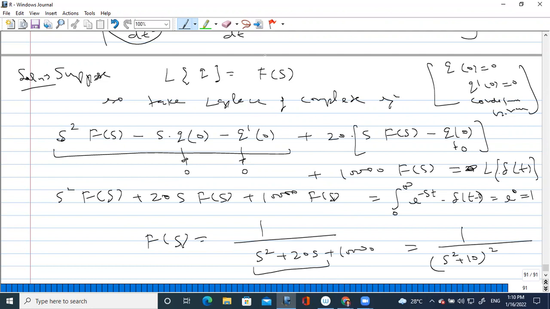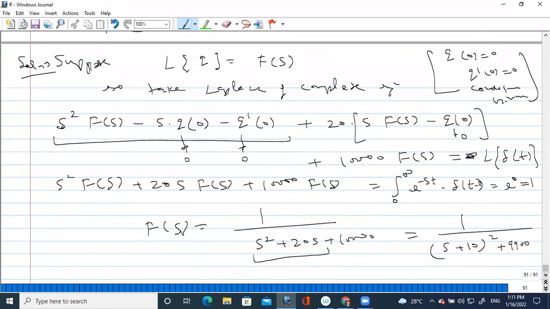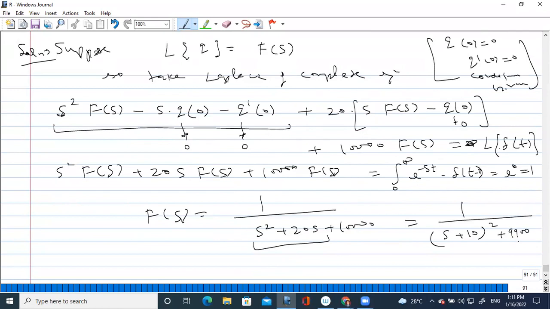You can do it. Because you have taken 100 here, what is left here? 9900, because 100 we have taken here. Now this 9900 is approximately a square of 99.5.